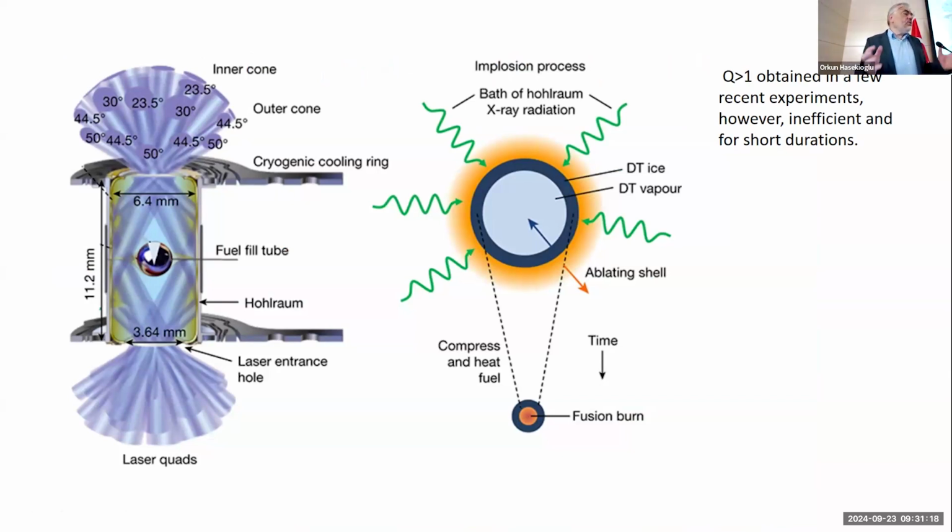So if you include all the energy spent on the laser beams and other auxiliary equipment, the efficiency of this system is very, very small. Only a very small amount is obtained compared to the total energy spent.